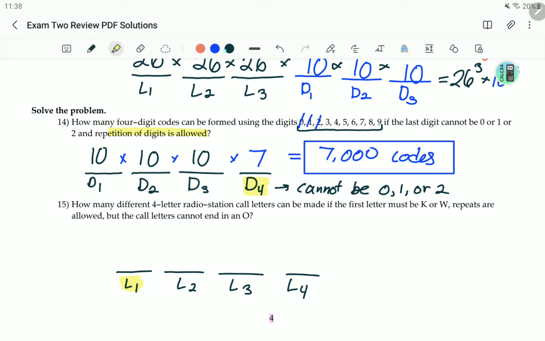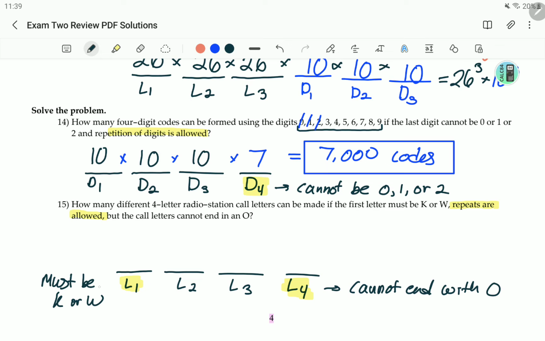The first letter must be K or W. Let's write that down. And then the last letter, which is here, cannot be O. And once again, it says that repeats are allowed.